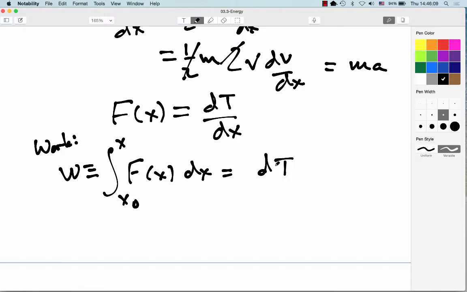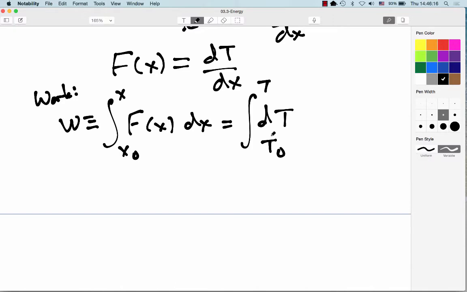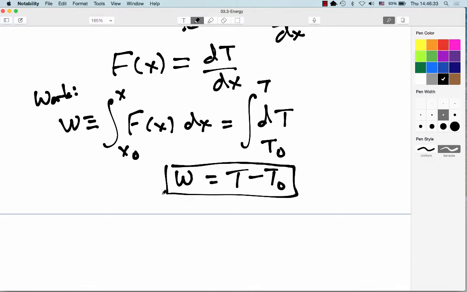Once I move the dx around, I just have a dT left, so I integrate that from t naught to t. This left-hand side I can't take any further without explicit knowledge of the force law, so we'll just call it the work. We identify that the work is equal to the change in the kinetic energy, and so that is the work-energy theorem that we had from before.